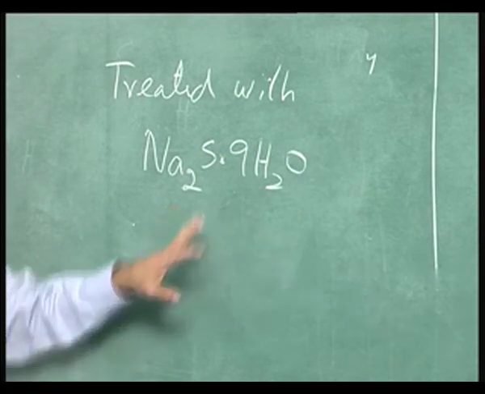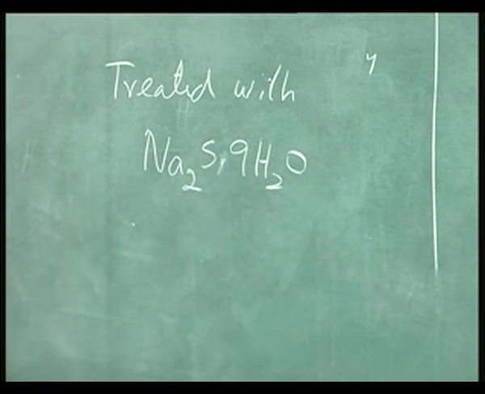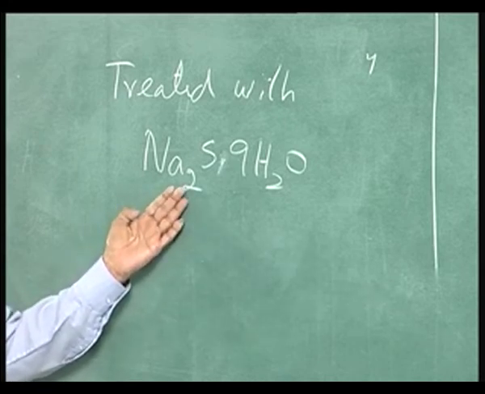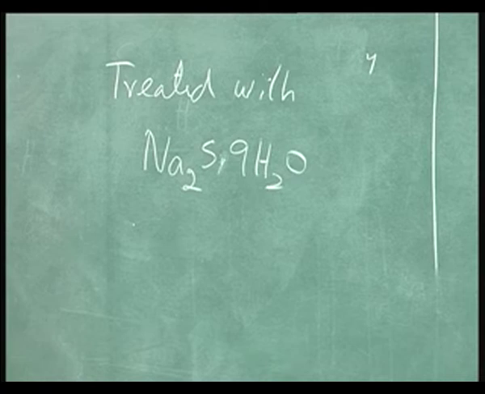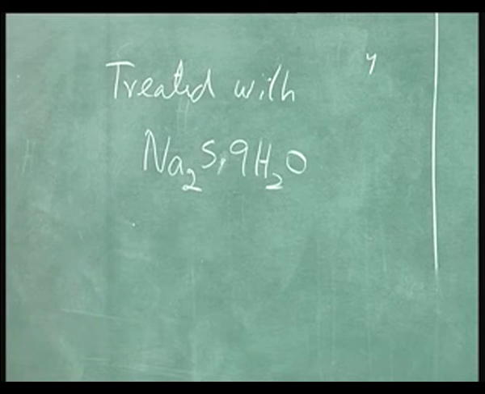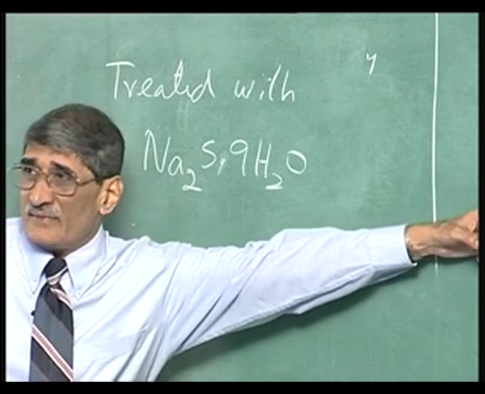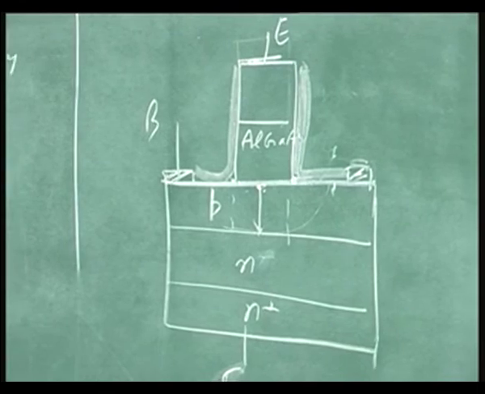So, the sulfur from here, when you dip it in the chemical, you dissolve this in water, you get the solution, and then you keep the finished wafer in the solution for some time. You can heat it up to 50 or 60 degrees centigrade, so that the reaction takes place at the surface. So, sulfur from here passivates the device very well.